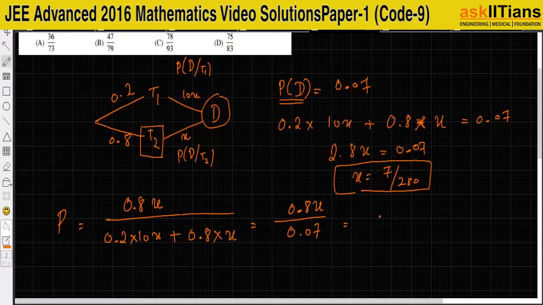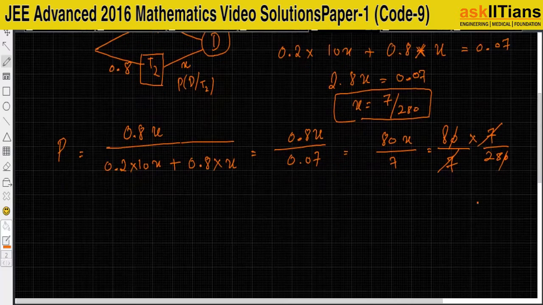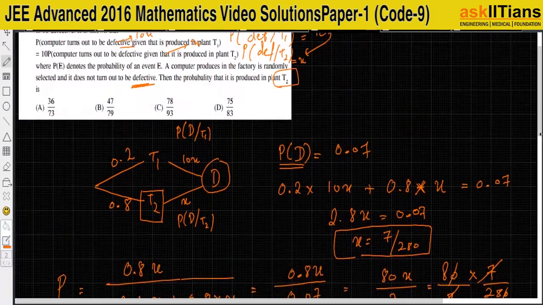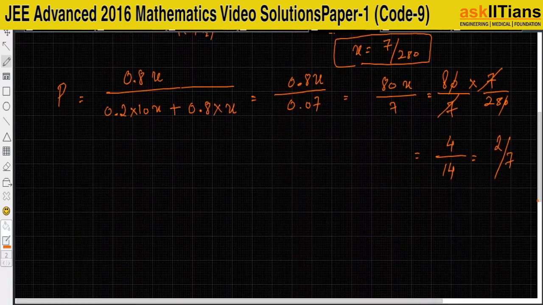So if I solve this, I get 80x by 7, and this is 80 into 7 by 280 divided by 7 here. So 7 will get cancelled, and 0 will also get cancelled. So I'll get 8 by 28, so this is equal to, if I cancel out with 2, 4 by 14, so that's 2 by 7. It's 2 by 7.